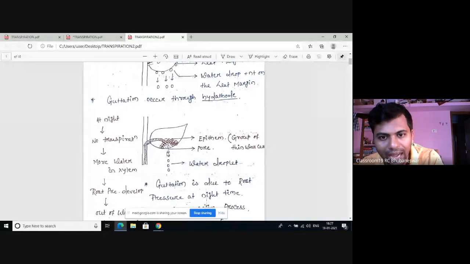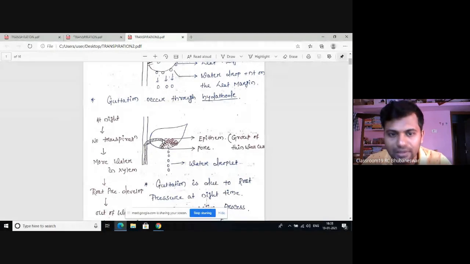The hydathode, also known as water stomata, has a cavity lined by specialized cells known as epithem. The xylem of the stem is continuous with the xylem of the leaf, and the xylem of the leaf is open just before the epithem. Guttation takes place in the condition where a hot day is followed by a cool night.